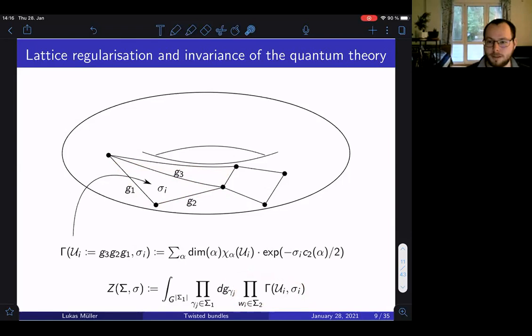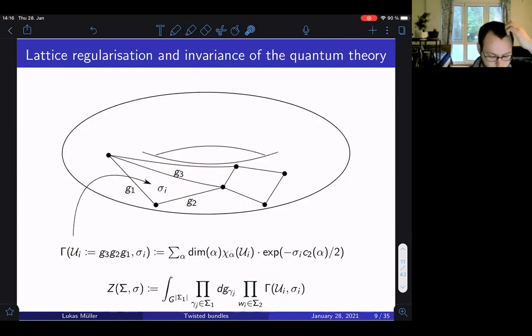And then what this should be is the partition function of Yang-Mills theory on a disk, which actually has been computed before. So in general, this should be a function which is gauge invariant. So the only gauge invariant quantity we can form is the holonomy around this triangle. And then so it should only depend on the holonomy U_i, which is the product.